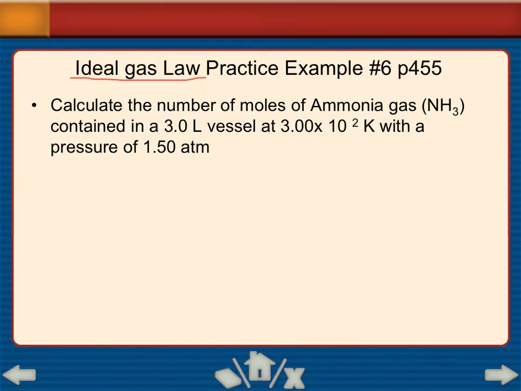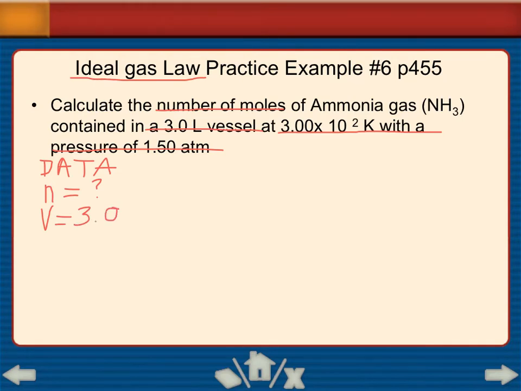This is practice problem number 6 on page 455 of your textbook. It says to calculate the number of moles of ammonia gas, NH3, contained in a 3.0 liter vessel at 3.00 times 10 to the 2 Kelvin with a pressure of 1.50 atmospheres.